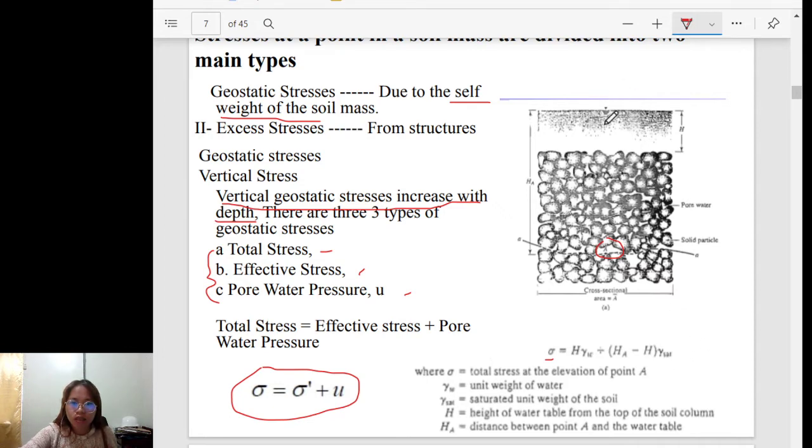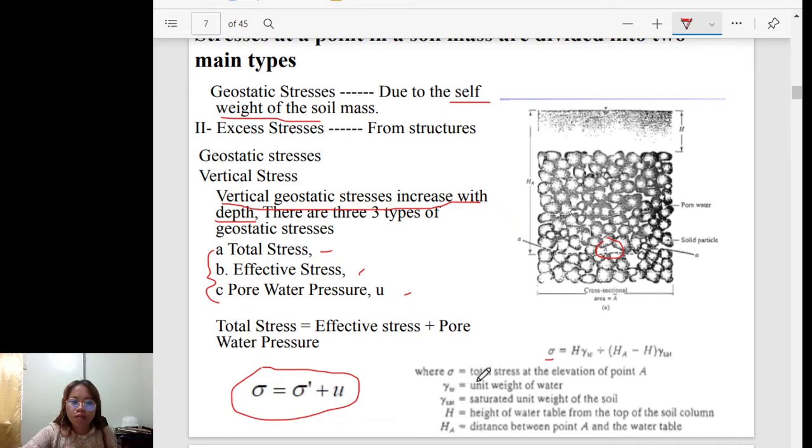It is saturated because there is water above, meaning there is a saturation of the soil, where sigma is the total stress at the elevation of point A. So this is point A.